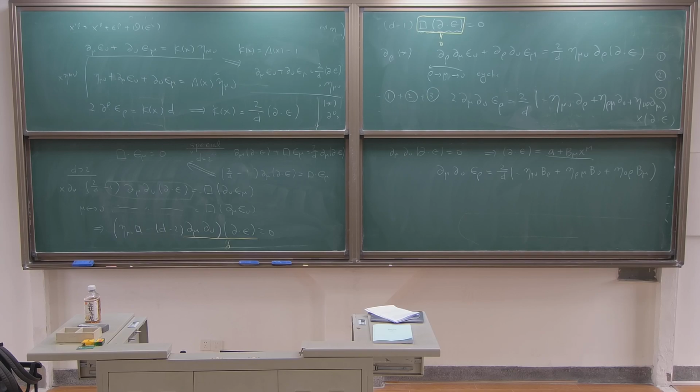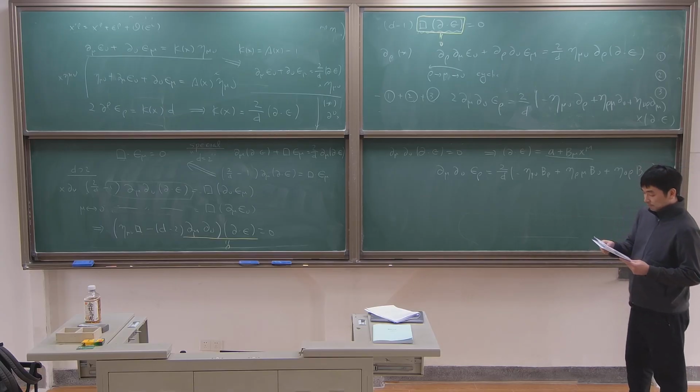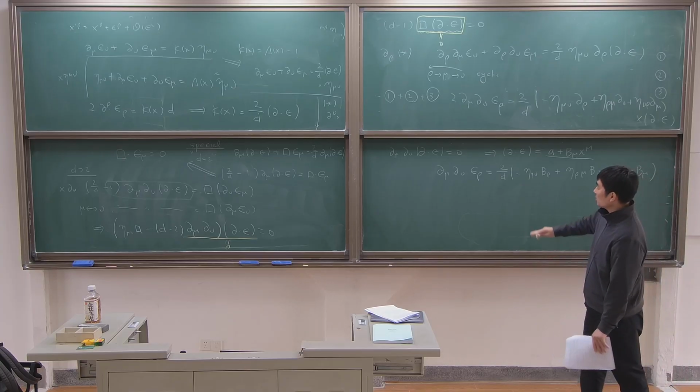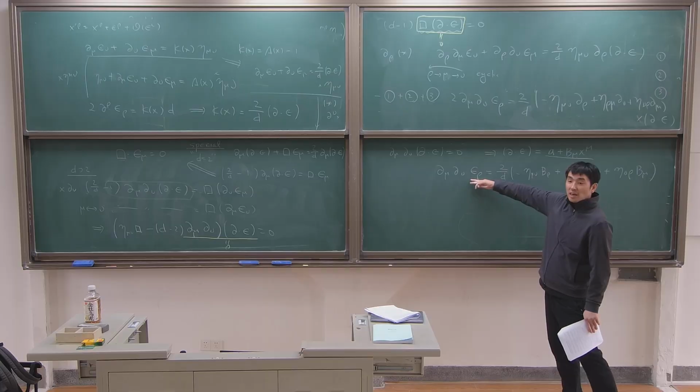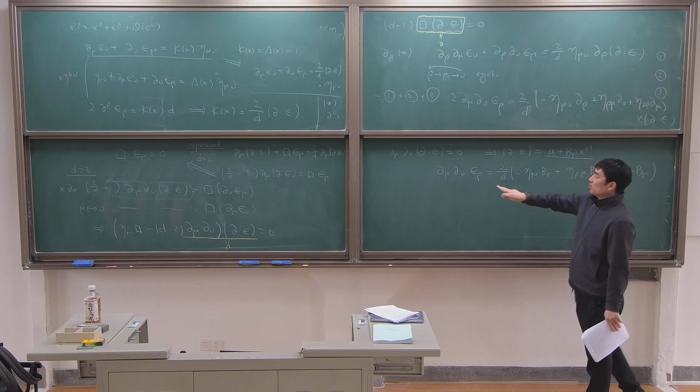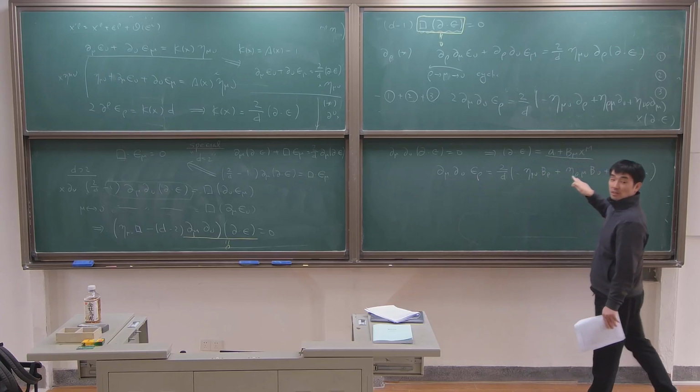Is it okay? So far, so good. So this means that at most this epsilon can be quadratic in x. If you have two derivatives, it becomes constant.